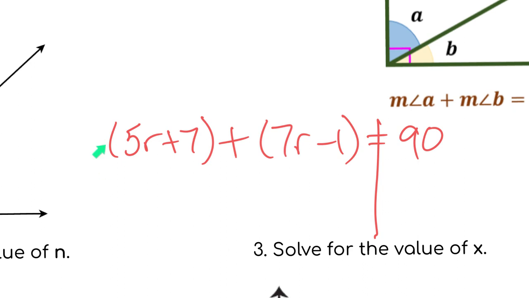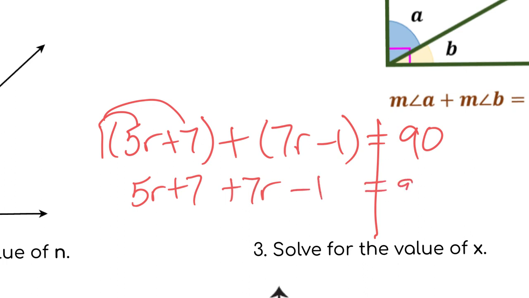Yes, we distribute. Since there's a 1 in front, multiplying doesn't change anything. Same thing here, a positive 1 in front doesn't change anything. That's a positive 7r, and a minus 1, equals 90.